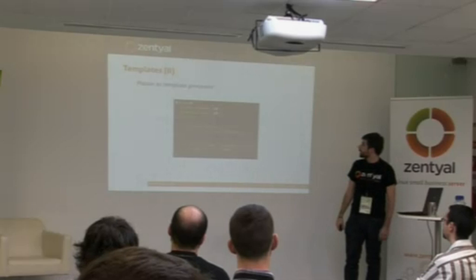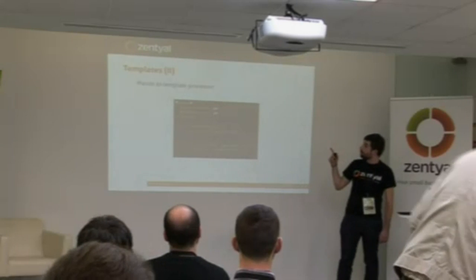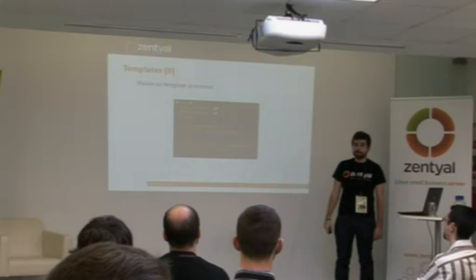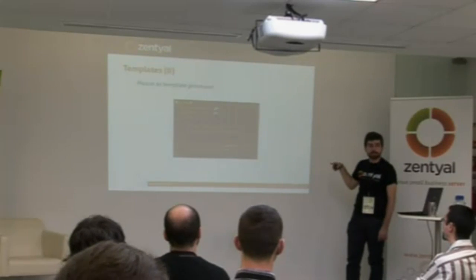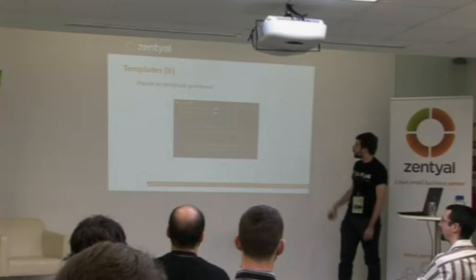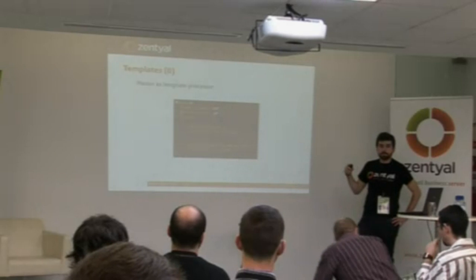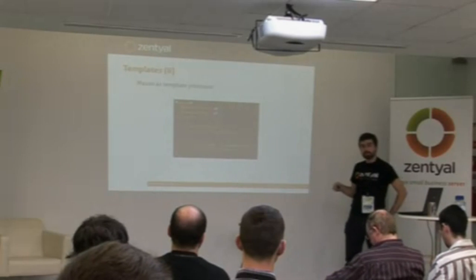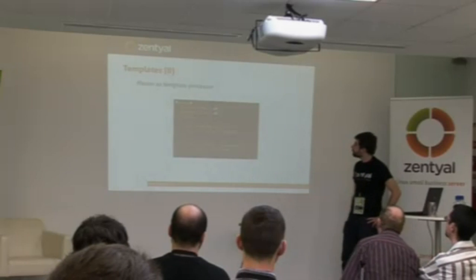Let's see an example template. I have to say we use Mason as template processor. It's very simple. I don't know if you can see it. This is a very simple one. I don't know if you recognize it, but this one writes a resolv.conf file to let the server know where to search DNS.